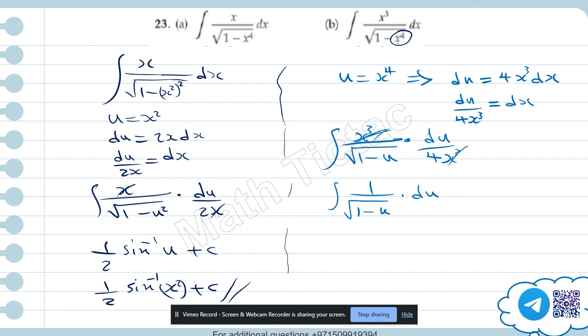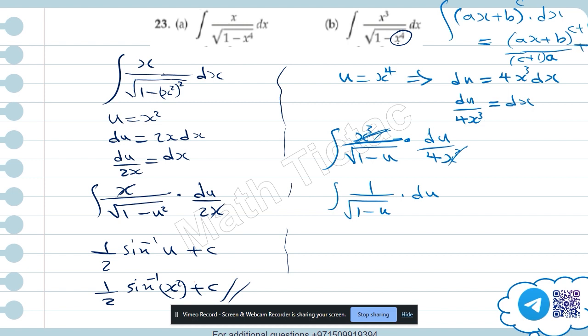Now we have learned that if we have a linear function, for example ax plus b, raised to a power c, the integration for that, if it's linear only, will be (ax plus b) to the power c plus 1, divided by c plus 1, multiplied by a.